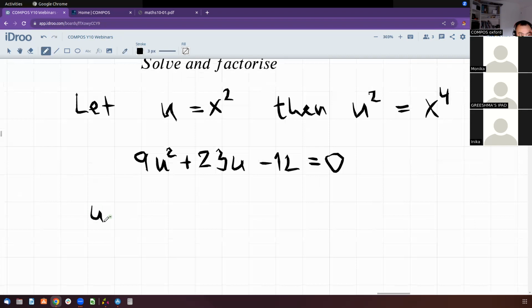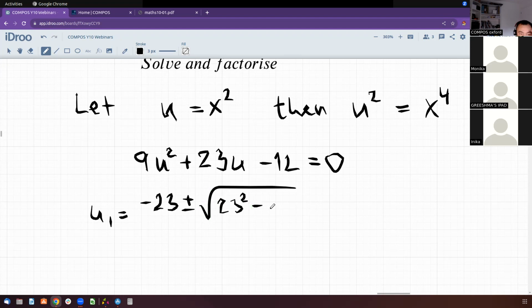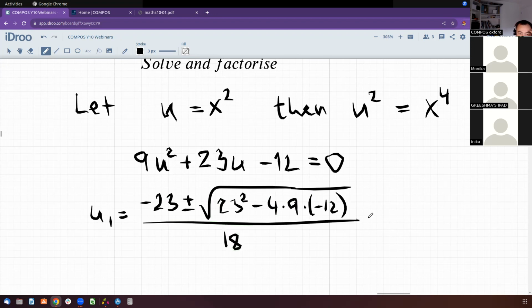So u1 is going to be minus 23 plus or minus square root of b squared, so 23 squared, minus 4 multiplied by 9 multiplied by negative 12. Oh, that's going to be a big number. Divided by 18.